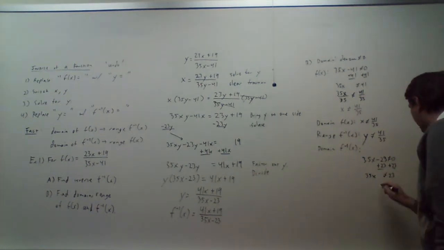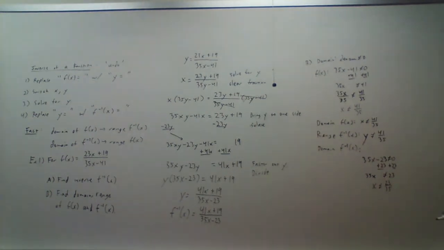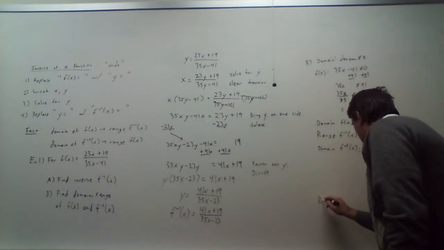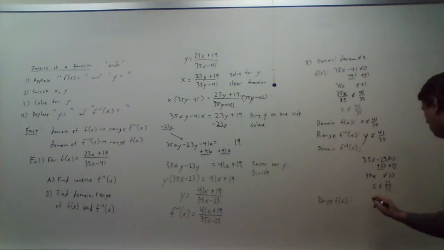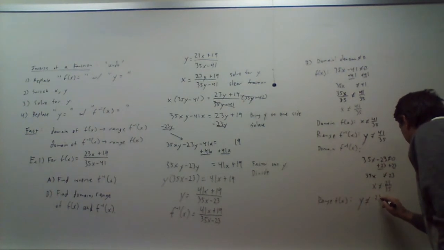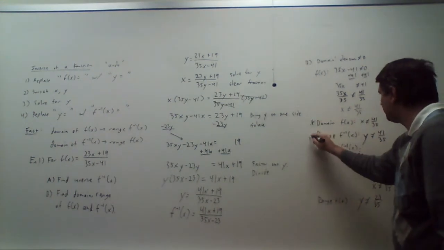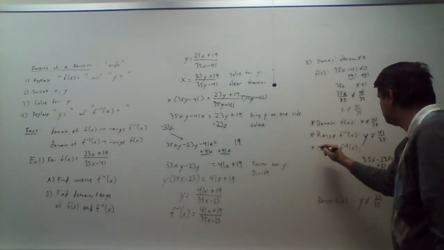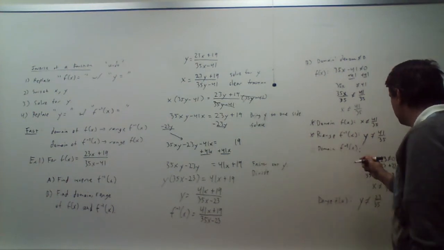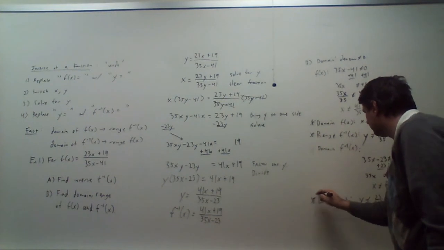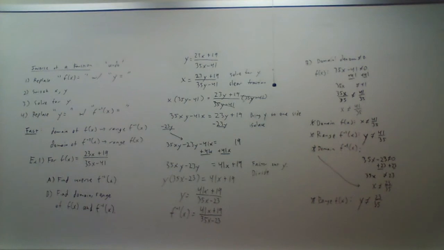Divide off the 35. x cannot equal 23 35ths. Okay? Range of f of x would be y cannot equal 23 35ths. Okay? These are the four things that we're asked for.